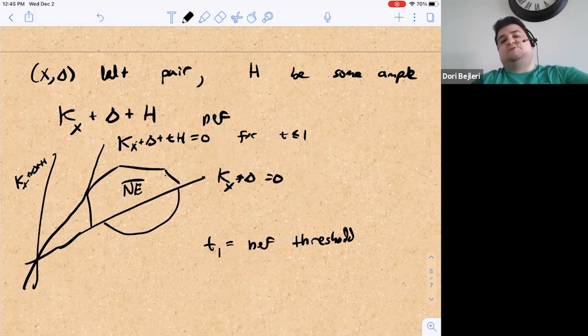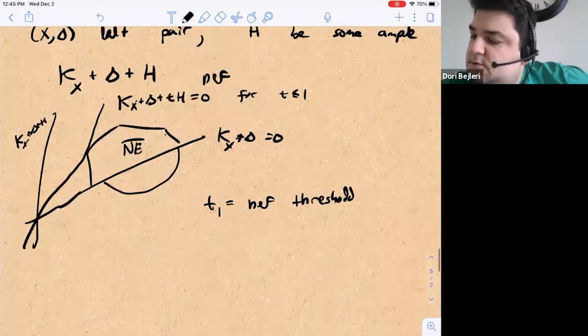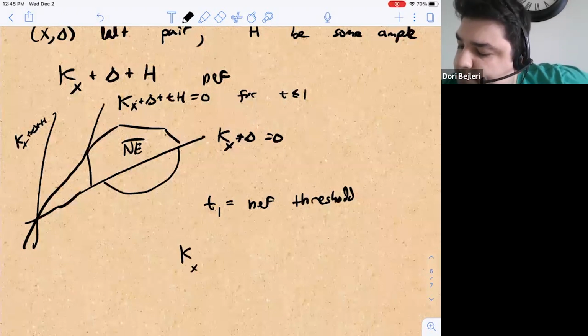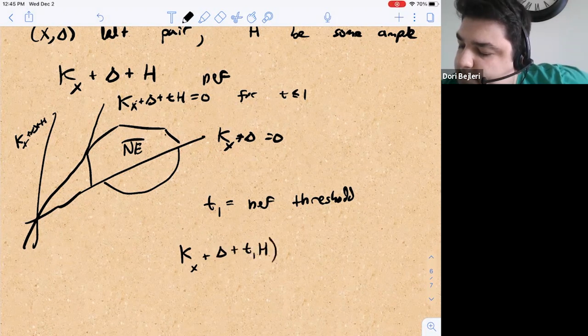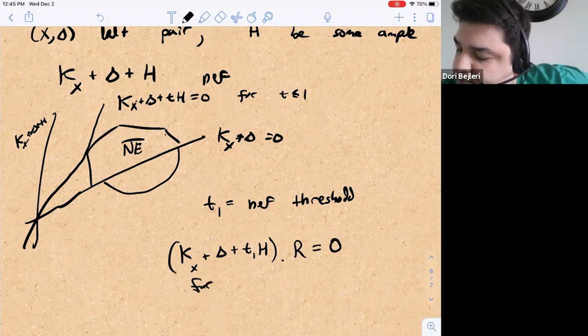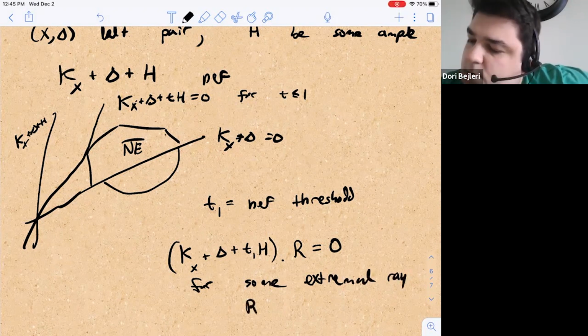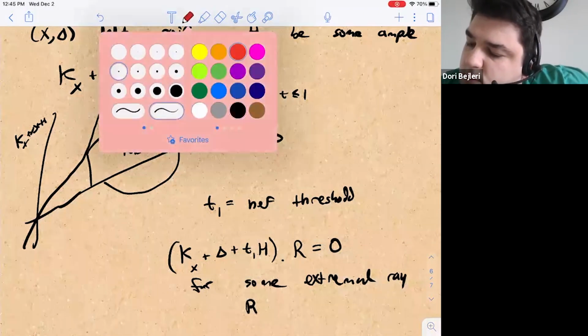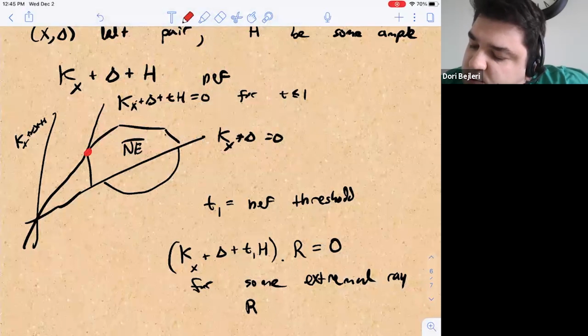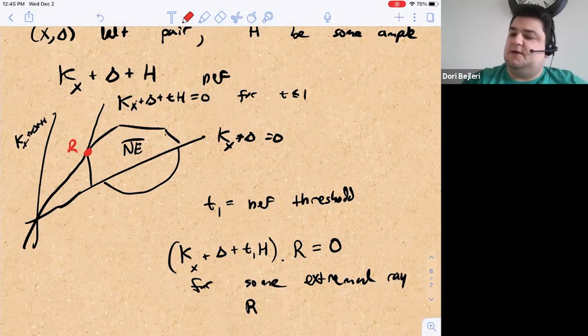So we're going to pick out some extremal rays. In my terrible picture, there's some extremal ray that we hit.